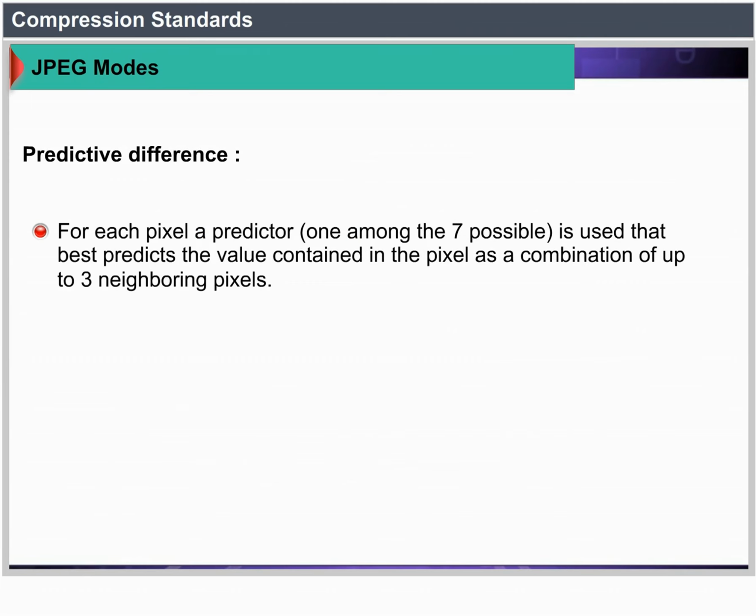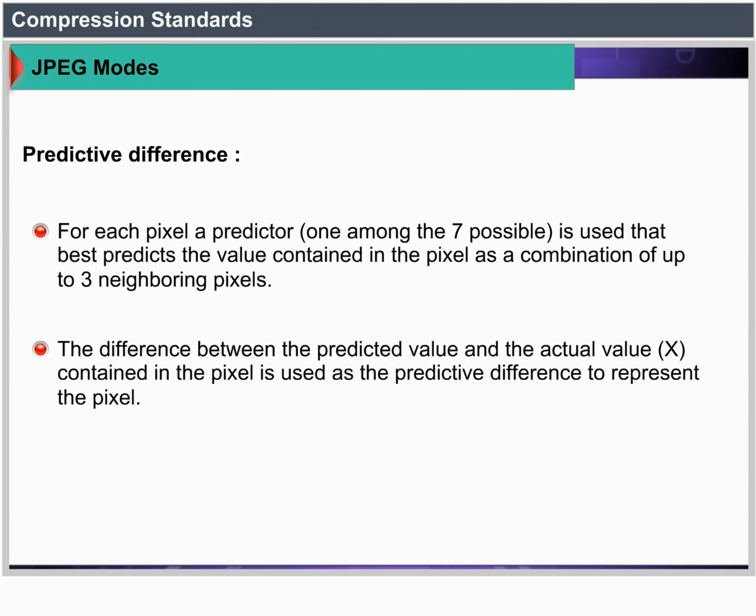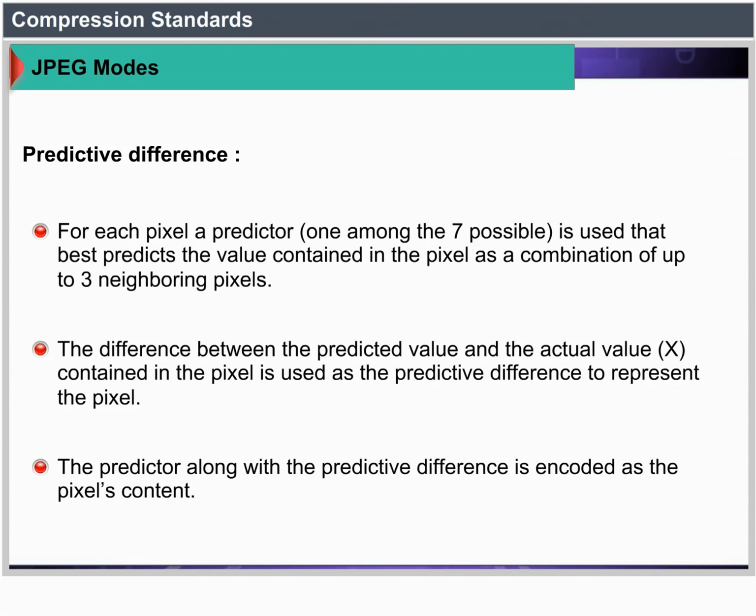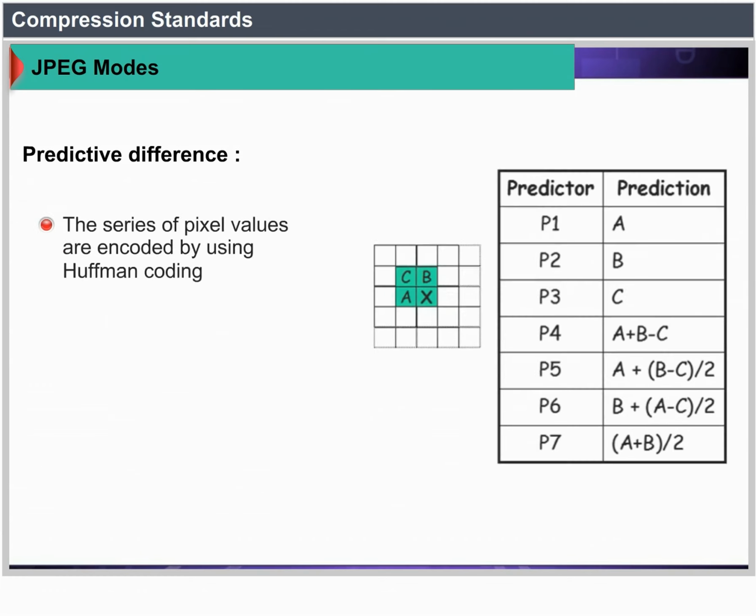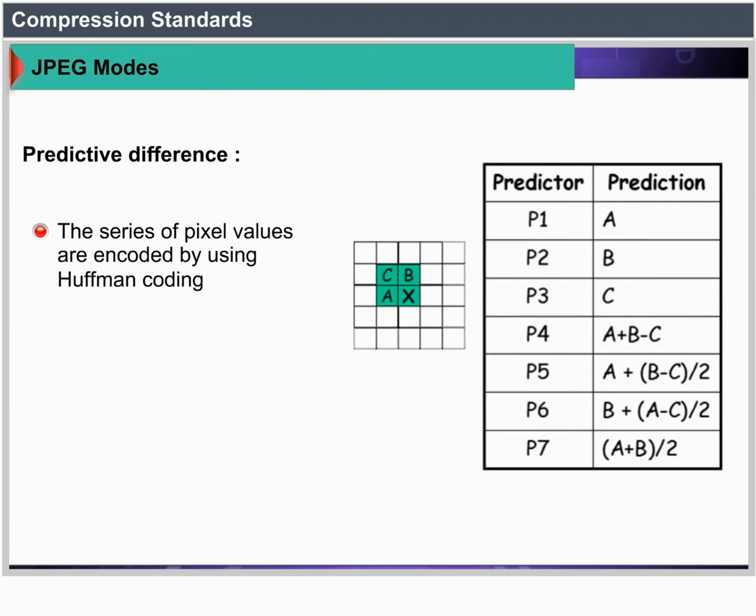The difference between the predicted value and the actual value, x, contained in the pixel is used as the predictive difference to represent the pixel. The predictor along with the predictive difference are encoded in the pixel's content. The series of pixel values are encoded using Huffman coding.